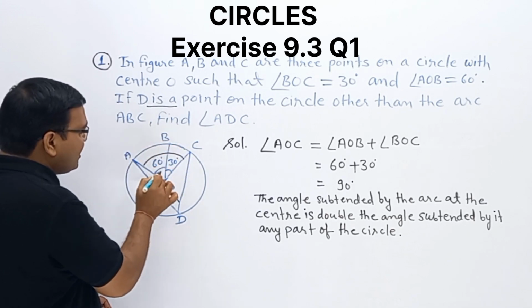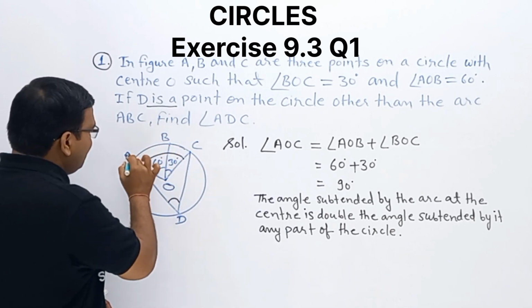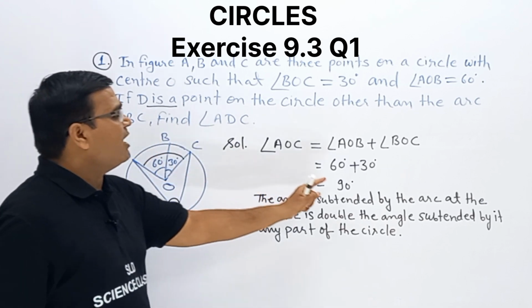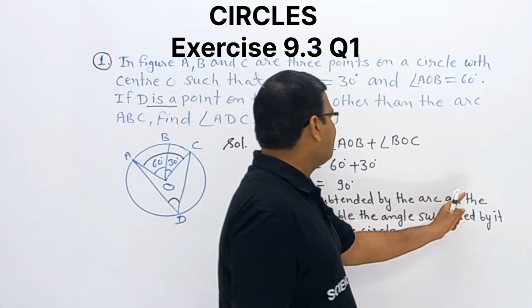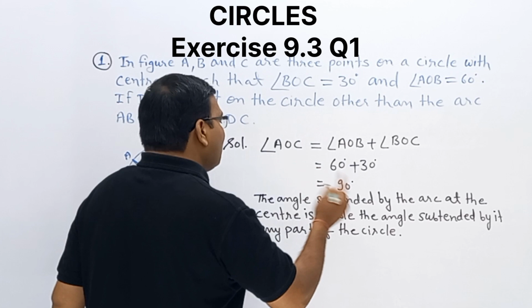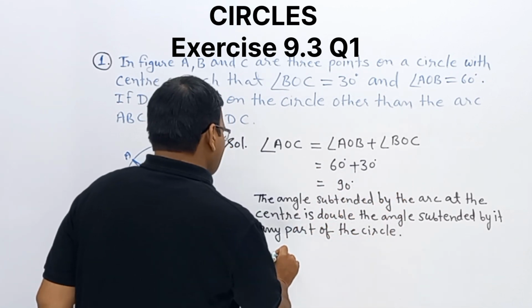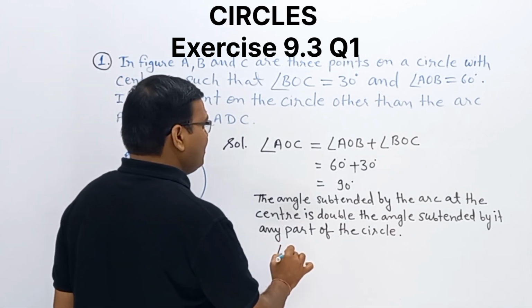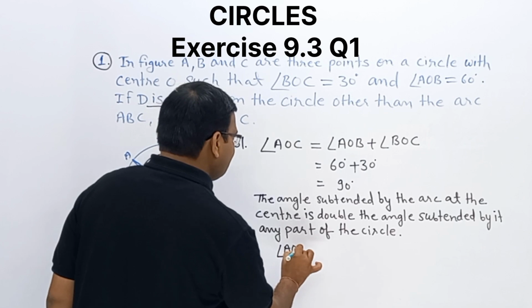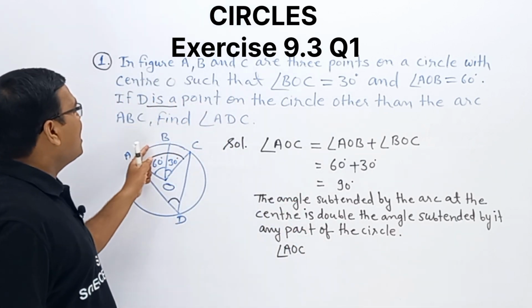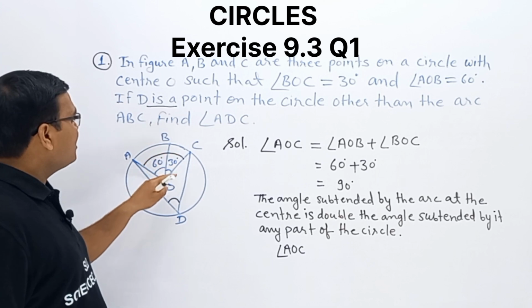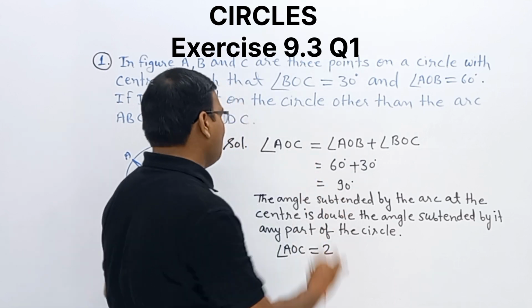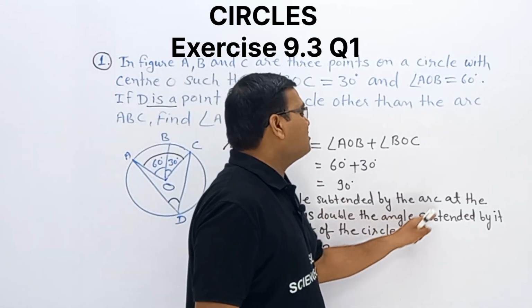The angle subtended by this arc at the center means angle AOC, which is 90 degrees. The angle subtended by the arc at the center is double the angle subtended by it.